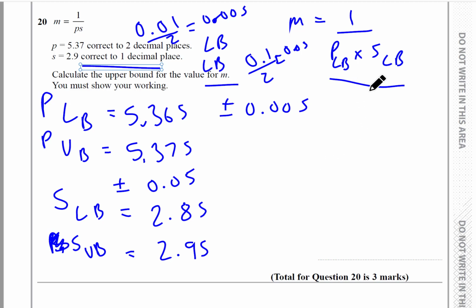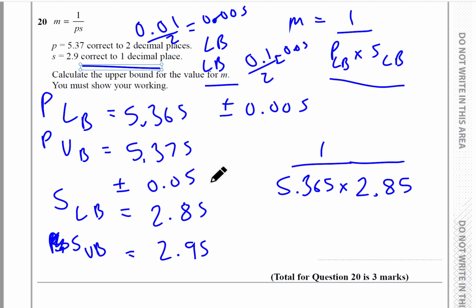And another method is using both lower bounds, so we're just going to do 1 divided by 5.365. So writing this down will get you a method mark, so just don't write the answer straight away. You'll be surprised how many people lose marks in the exam by sometimes just writing a number down wrong, which can happen.